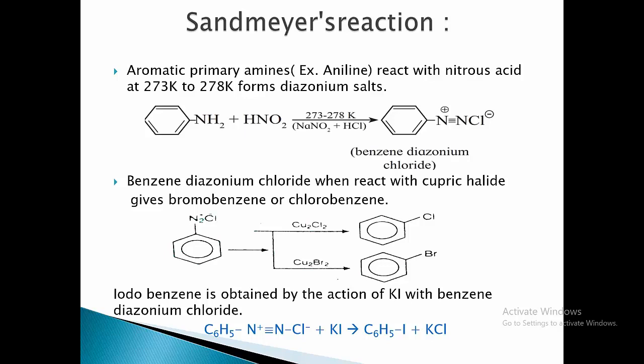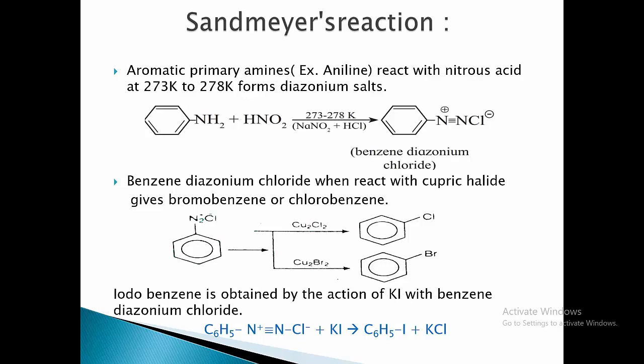In second step, benzene diazonium chloride reacts with cuprous halide, either Cu2Cl2 or Cu2Br2, and gives chlorobenzene or bromobenzene. Reaction is C6H5N2Cl when it is treated with Cu2Cl2 gives chlorobenzene, and when this diazonium salt, C6H5N2Cl, is treated with Cu2Br2 gives bromobenzene.